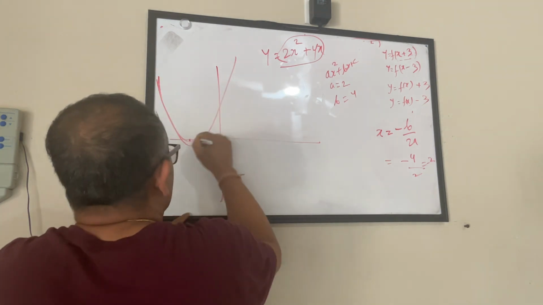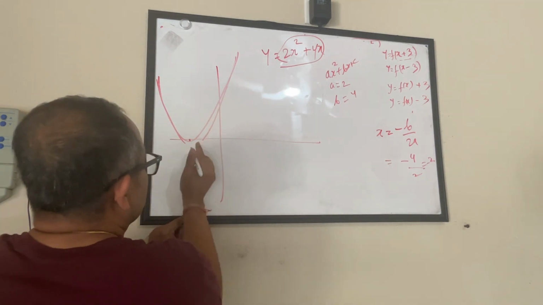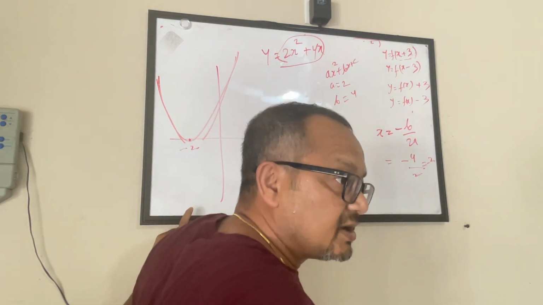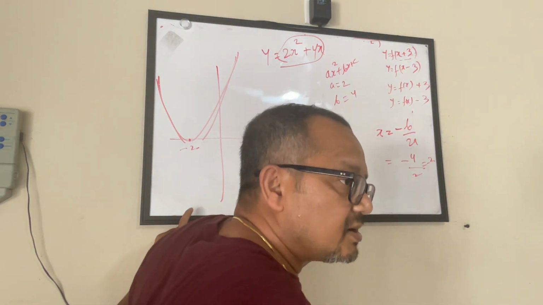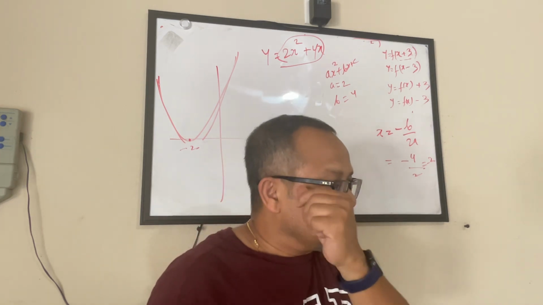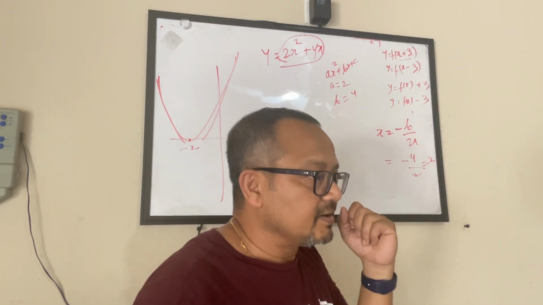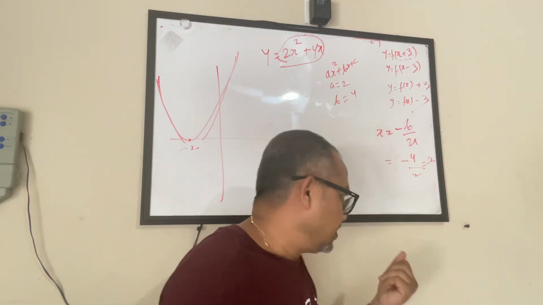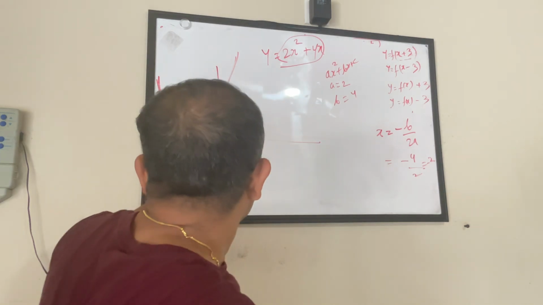It is touching the x-axis at minus 2. For the vertex, so probably the issue is that you find the y value.